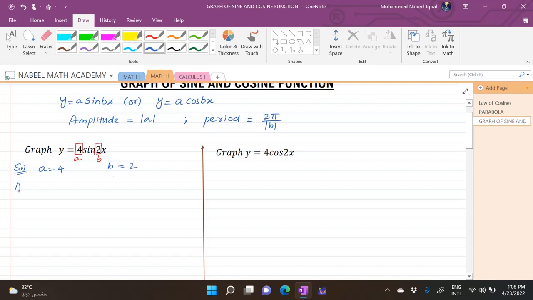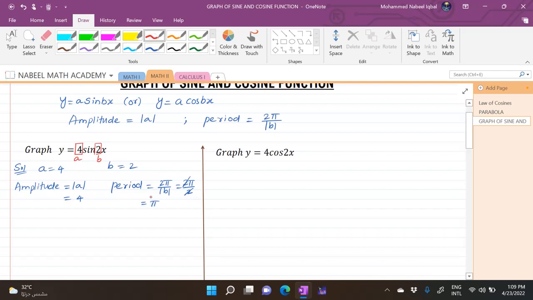So what is the amplitude? Amplitude is equal to absolute A, which is equal to 4, and the period is given by 2 pi over absolute B. I substitute 2 pi over absolute B, so the 2 gets cancelled and the answer will be pi.